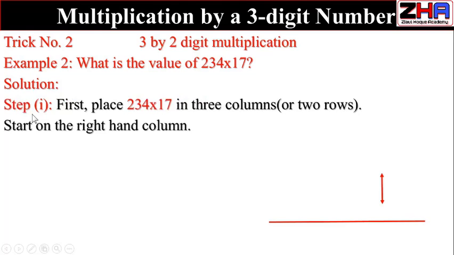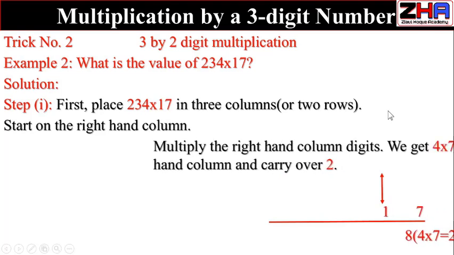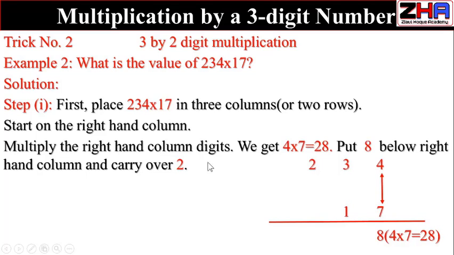In a similar process, step 1, first place 234 into 17 in 3 columns and 2 rows, as 2, 3, 4 and 1, 7. Here you can assume the second row first column element as 0.